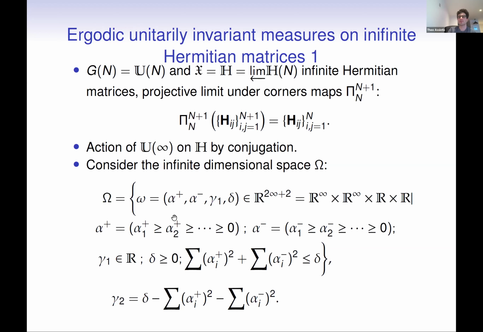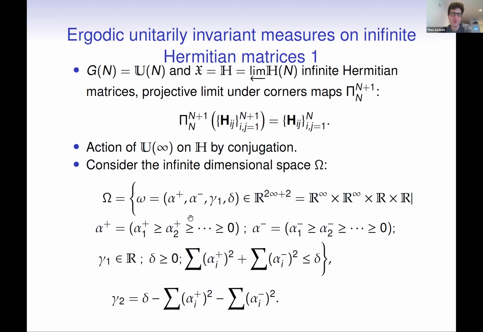I'm giving here this infinite dimensional space omega, which is going to parameterize those, but I will give you the precise statement in a minute. You don't have to remember the details, just that we have infinitely many parameters. We have the parameter alpha plus, the parameter alpha minus, the parameter gamma 1, and delta. And it is more convenient to consider the parameter gamma 2, which is given as delta minus these alpha parameters.